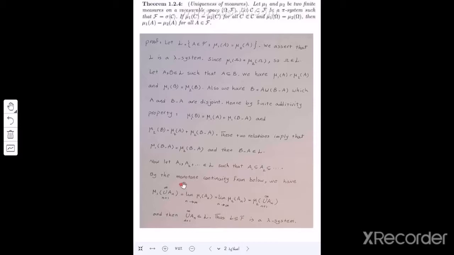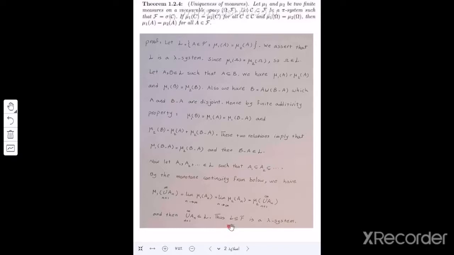Again, we use this property, and we write the limit of mu2 of An equal to mu2 of this union. So we obtain that mu1 of this set is equal to mu2 of this set. Again, we see that this set is a member of L because of the definition of L.